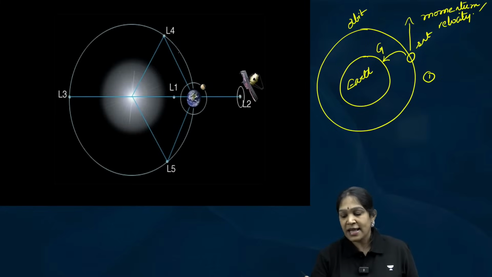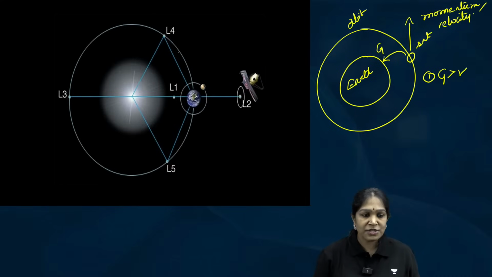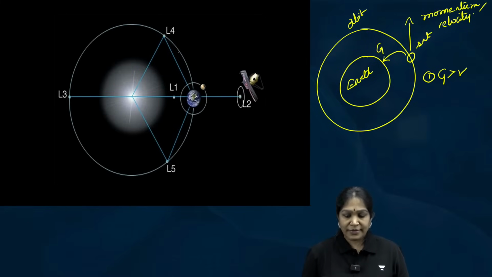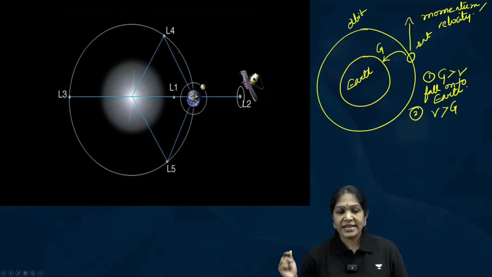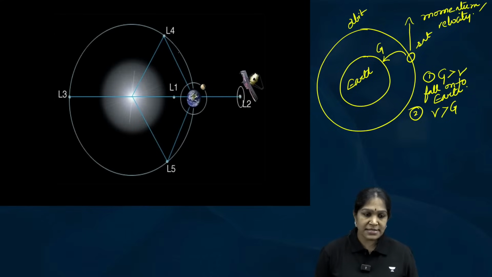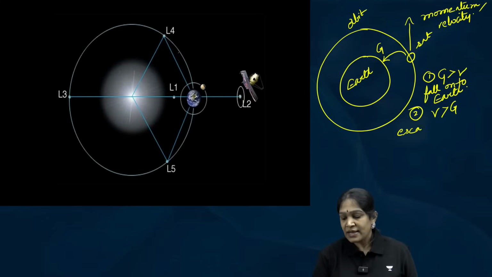First scenario: if the gravitational force is more than the velocity, what happens to this satellite? Yes, it will fall onto the Earth. Second scenario: if the velocity is more than the gravitational force, what happens to this satellite? Yes, it will escape into space.